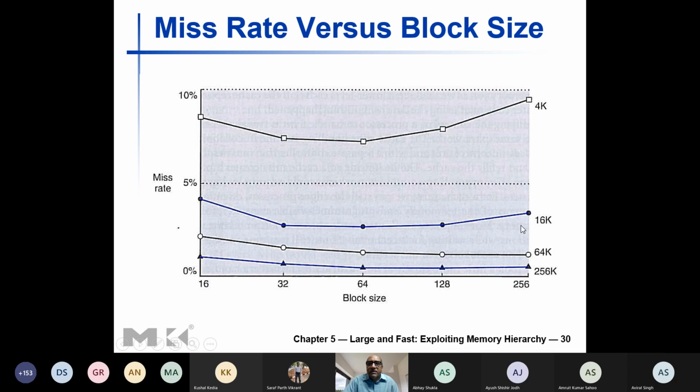That means you can see here the miss rate is high at the lower cache size and high at the higher block size, and they are optimal at a moderate block size.